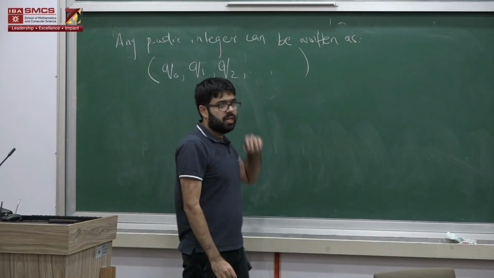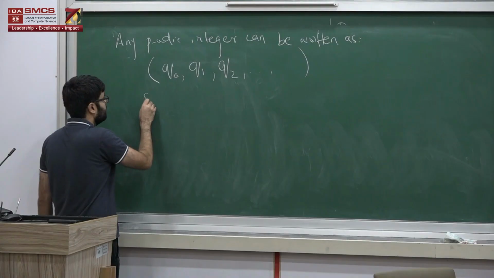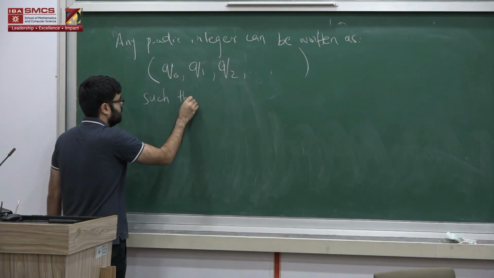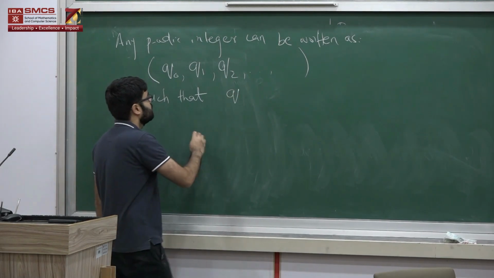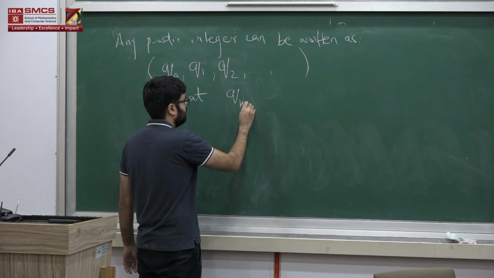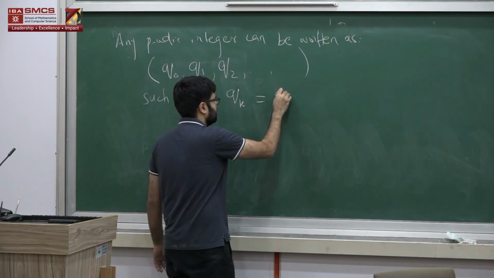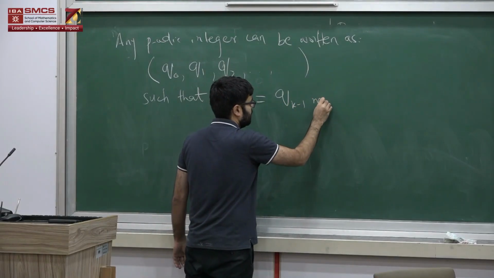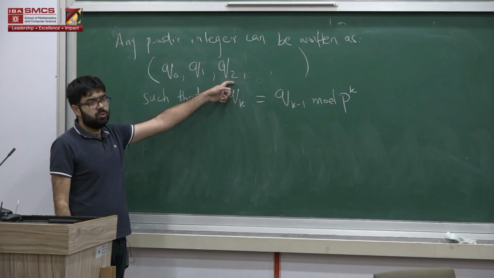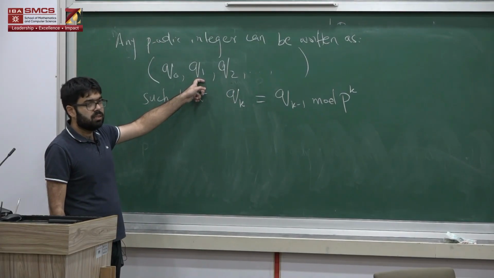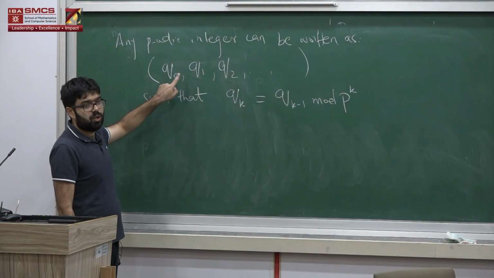So this is an infinite tuple such that Qk is the same as Q(k minus 1) mod p^k. So I want Q2 to be Q1 mod p squared. If I take Q2 mod p squared, I get Q1. If I reduce Q1 mod p, I get Q0.